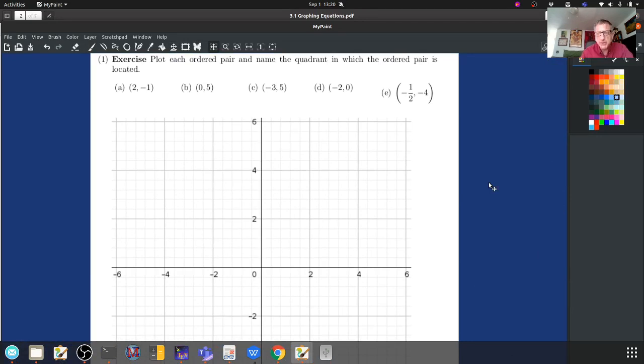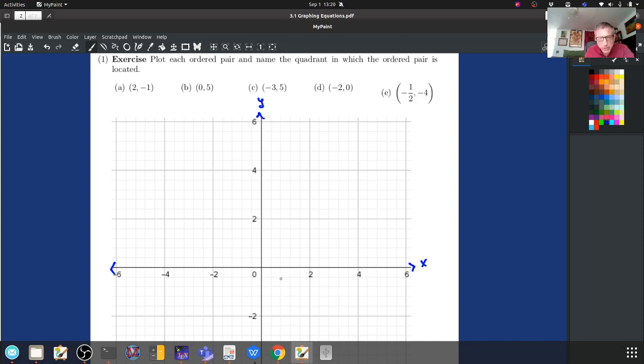So what I'll do is, let me choose maybe the dark blue, and I'll write the quadrant over the point. So this point has address, the x value is 2 and the y value is -1. So this is my x-axis down here. Although these go on and on forever, that's my y-axis there.